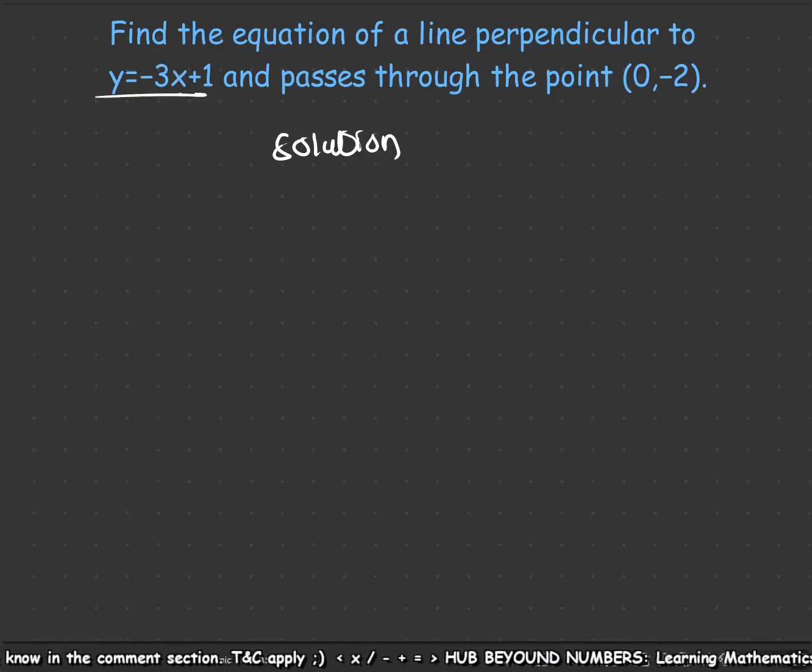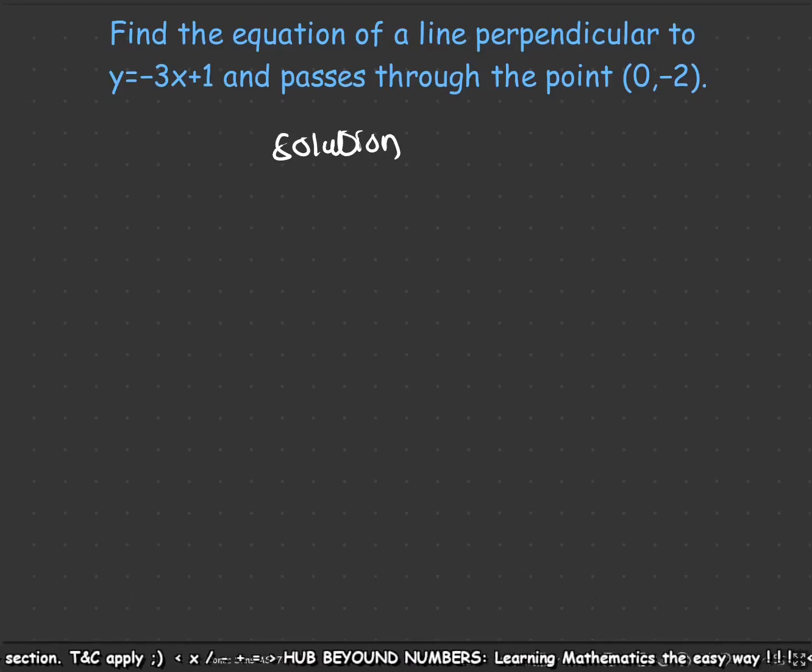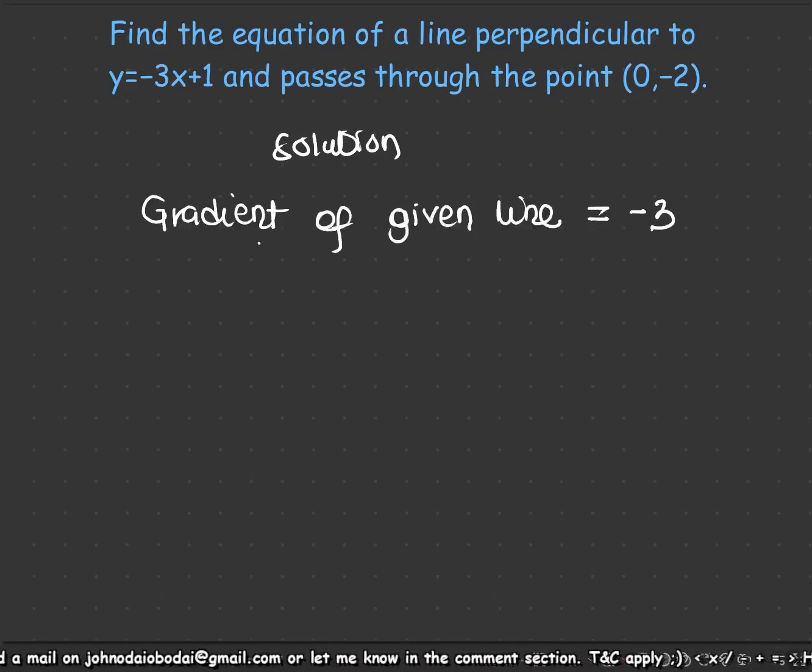Y is equal to -3x plus 1. So the given line is y is equal to -3x plus 1. So we can then say that the gradient of the given line is -3.